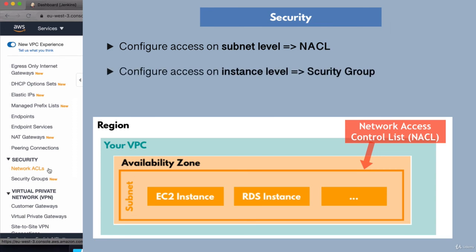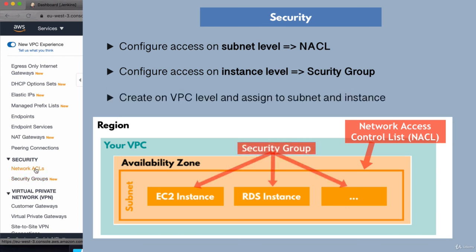So inside the VPC, we have the subnet, and inside subnets, we're going to have EC2 instances, which are basically the virtual servers, and we can configure firewall rules on that virtual server level using security groups. So you create both of these components on a VPC level, and then you assign the NACLs to individual subnets and assign security groups to individual instances or components inside that VPC.